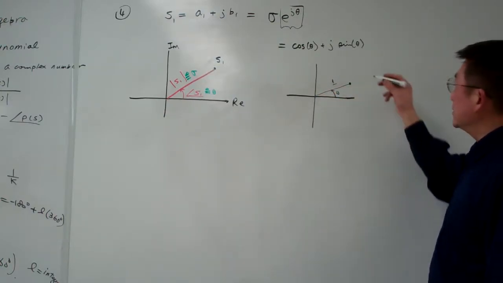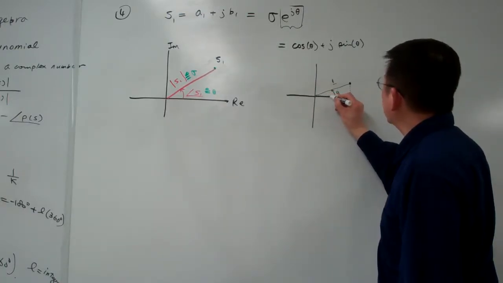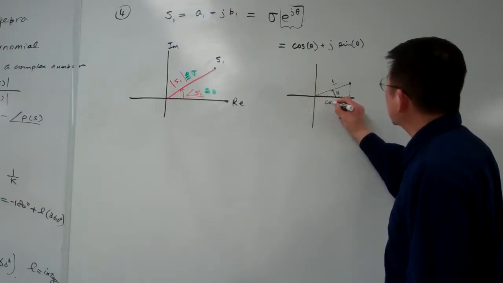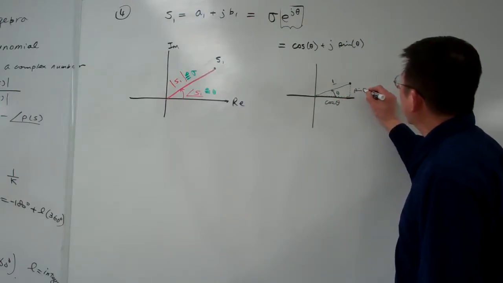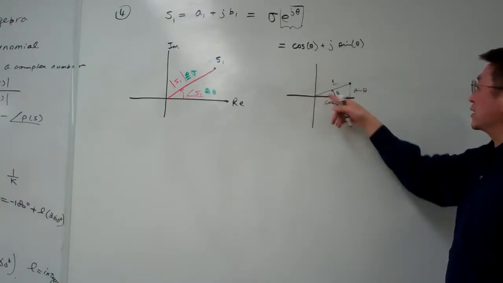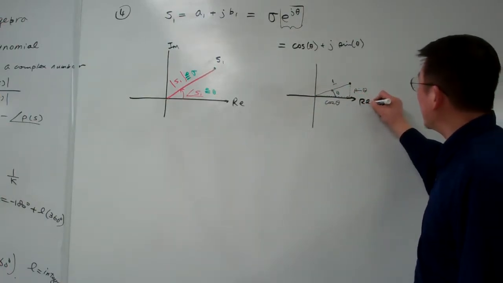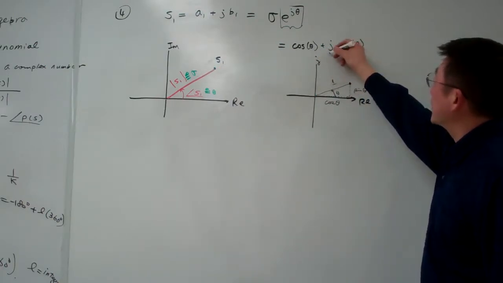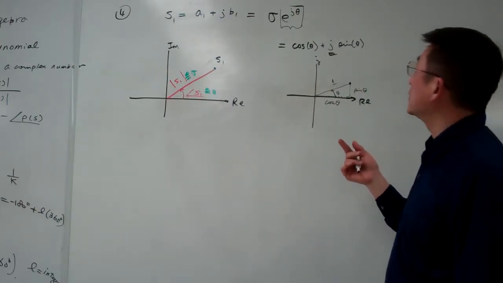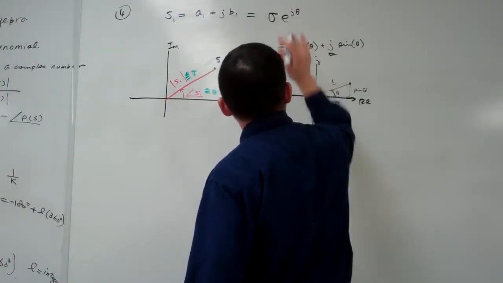In terms of the two-dimensional Cartesian coordinate system, the horizontal is cosine theta, and the vertical is sine theta. So the real part and the imaginary part lay out in two dimensions, somehow combined into our complex plane, where this is the real part and this is the imaginary part. So here we added J. That's a definition if you like to treat it so. This is our new notation.